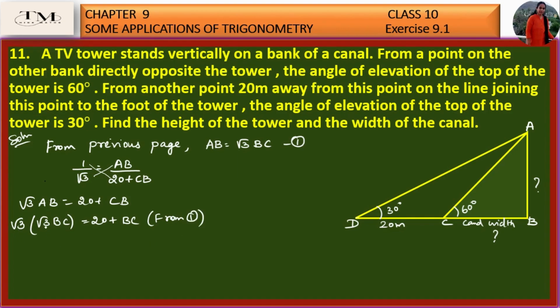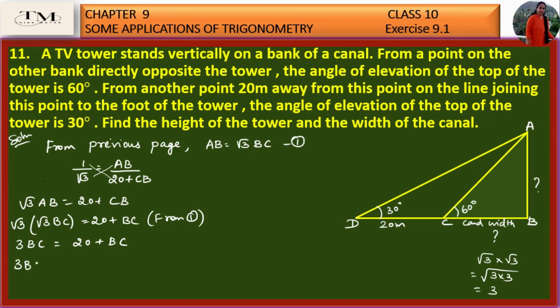Root 3 into root 3 is 3. In square root, if a number appears twice, then the answer is that number. So root 3 into root 3 is 3. So 3 BC equals 20 plus BC.